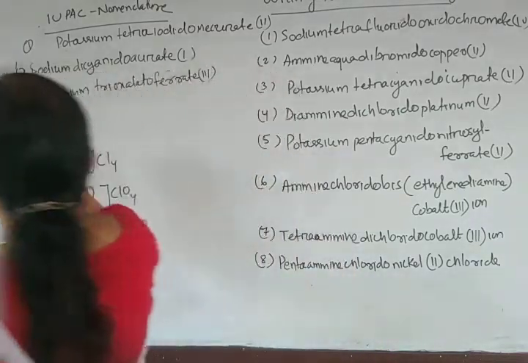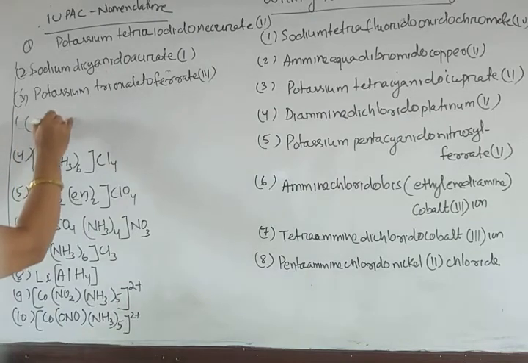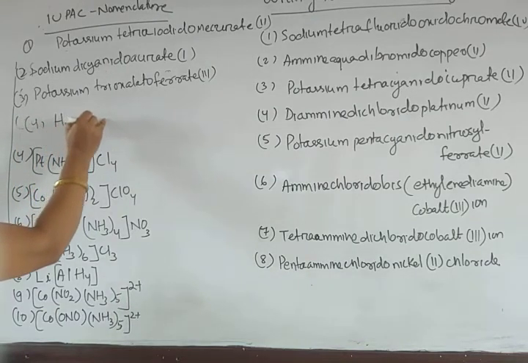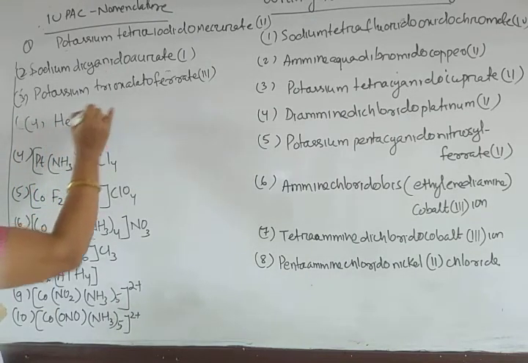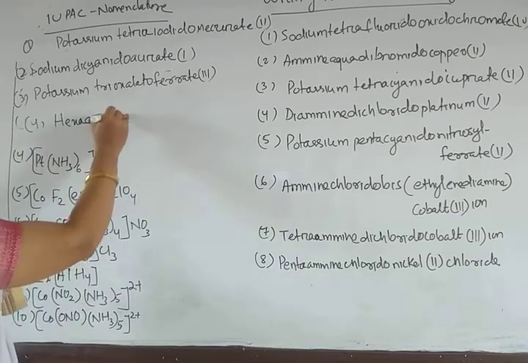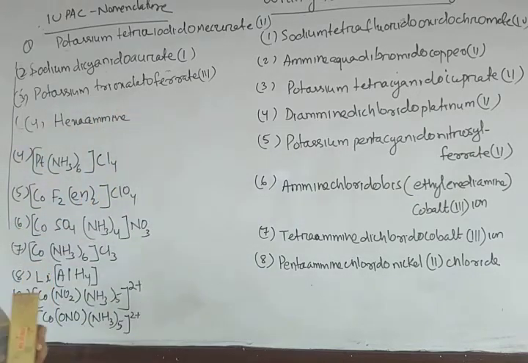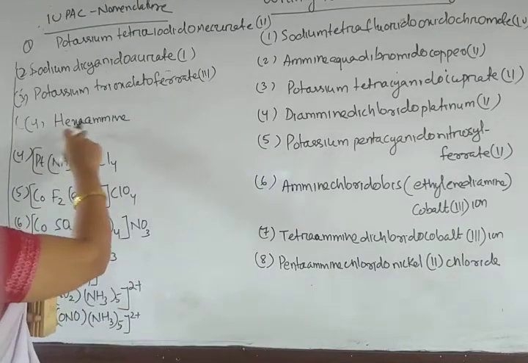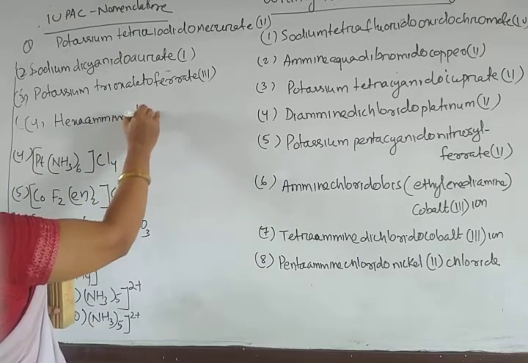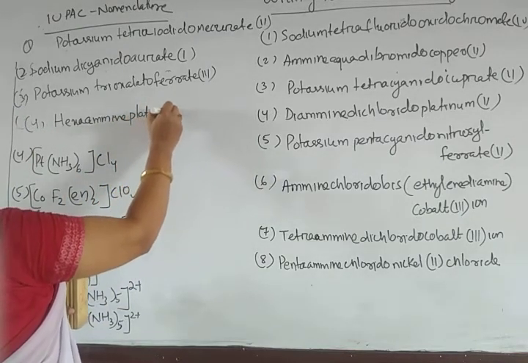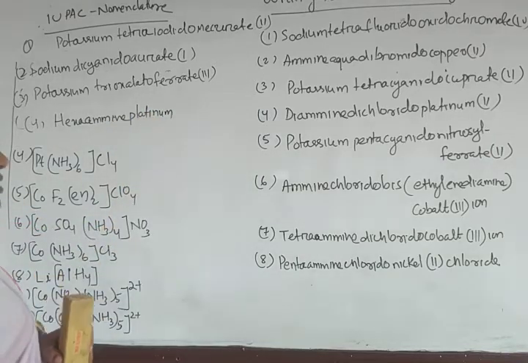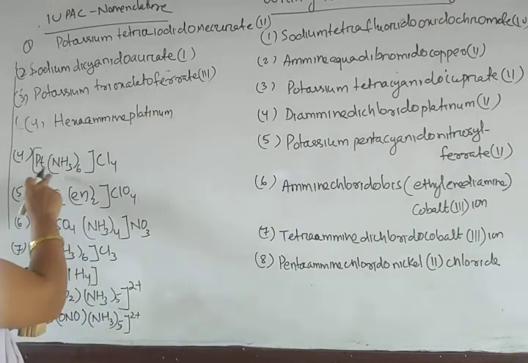So the name of this compound is hexaammine. For ammonia, ammine is used. Hexaammineplatinum, and then find the oxidation number.